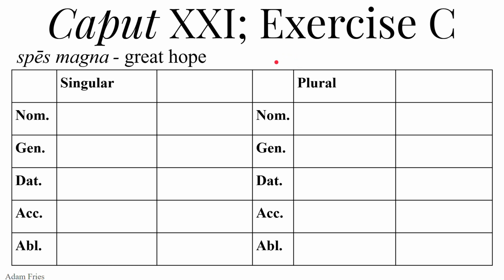So notice the endings. Notice how, wow, those endings are not the same at all. Right, they don't have to be the same, because spes is a fifth declension. Magna goes with the first declension. They don't agree in declension. They're not going to have the same endings.